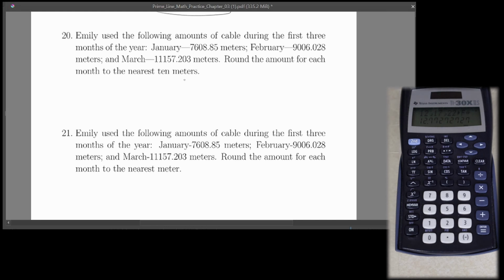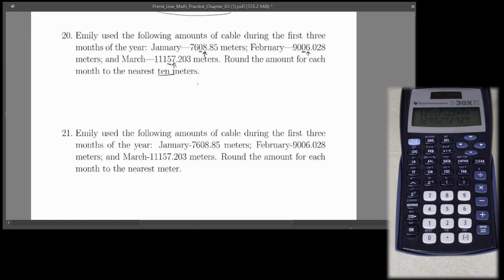Okay, here we have some data from some months. They want us to take each of these and round to the nearest 10 meters. So on here we are looking for that decimal place, and this tells us to bump it up. This one bumps it up too.